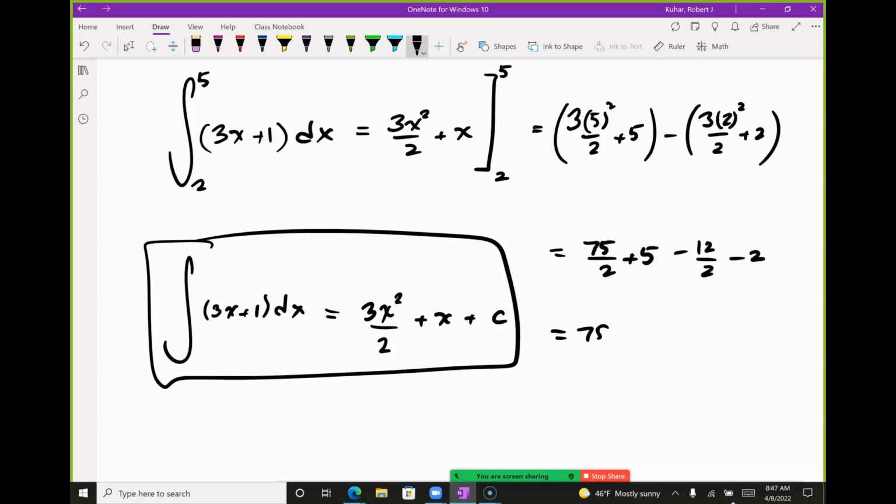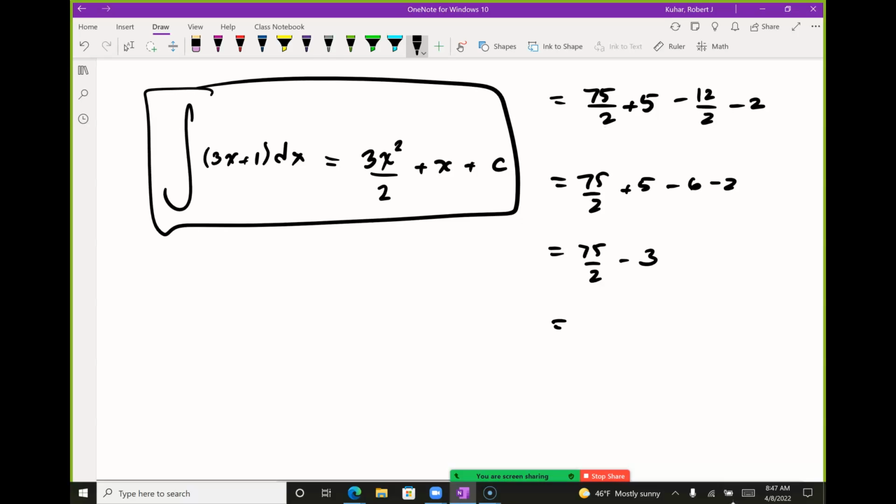So 75 over 2 plus 5 minus 6 minus 2. So I have 75 over 2 minus 3. That should be correct. And that is 75 over 2 minus 6 over 2. It is 69 over 2. And there's my area under my curve.